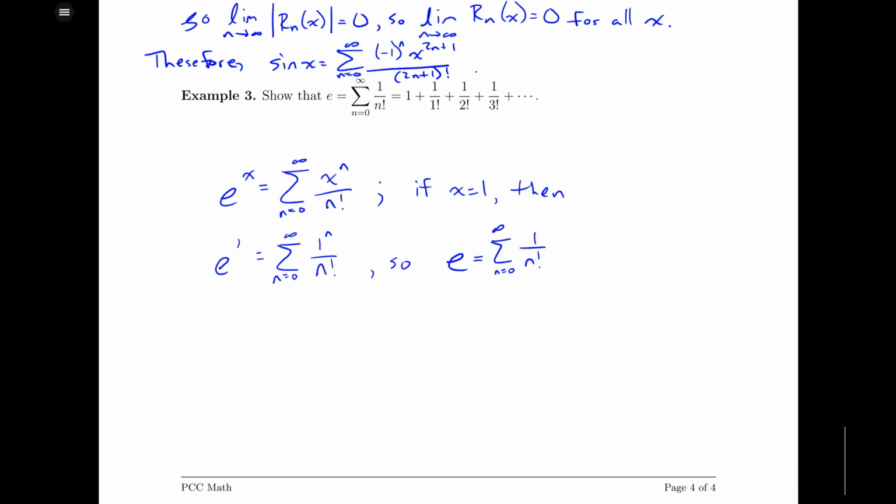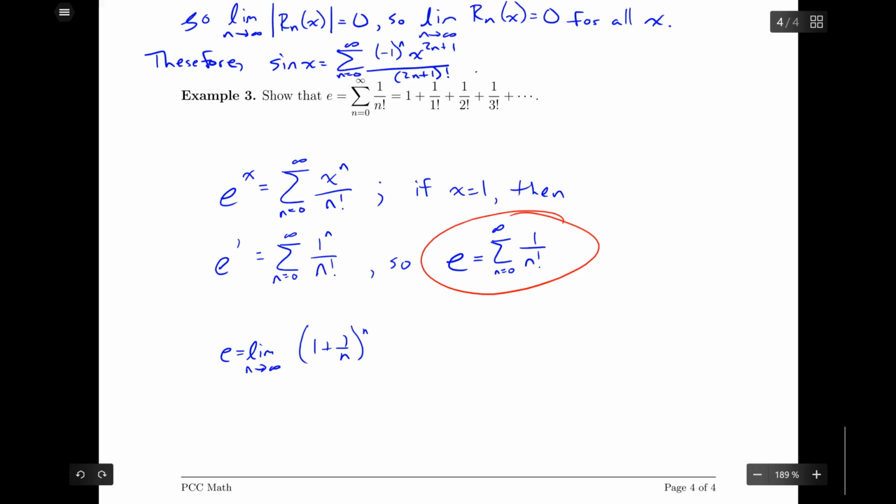In the past, you may have seen e defined in several different ways. Another way that we've seen e defined is as the limit as n approaches infinity of 1 plus 1 over n to the nth power. This is another definition of e, but here's a new one.